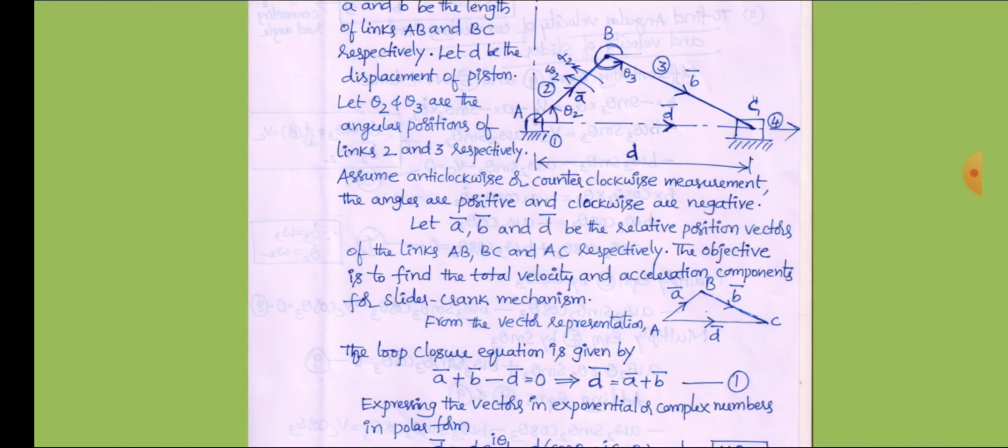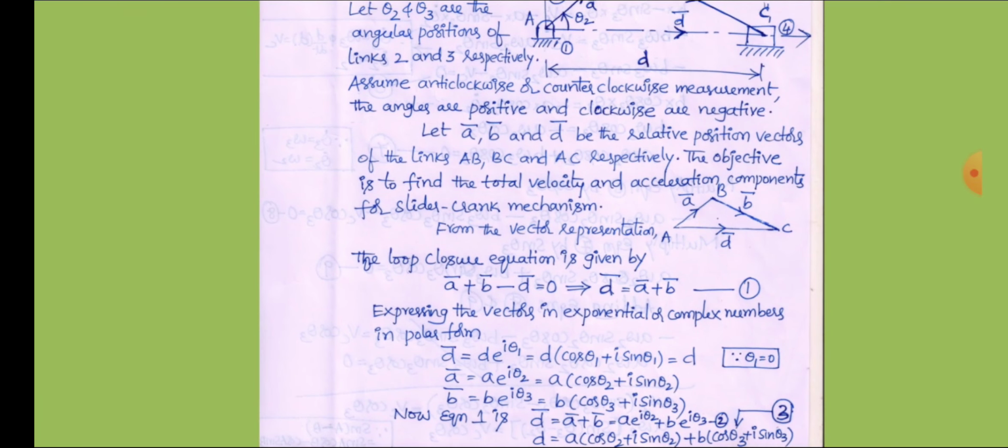Therefore, d bar is always equal to d. What is d? Displacement of the slider or piston in a reciprocating engine. And a bar is equal to a into cos theta 2 plus I sin theta 2. b bar is equal to b into cos theta 3 plus I sin theta 3. Like that, after representing, you substitute these values in equation 1.